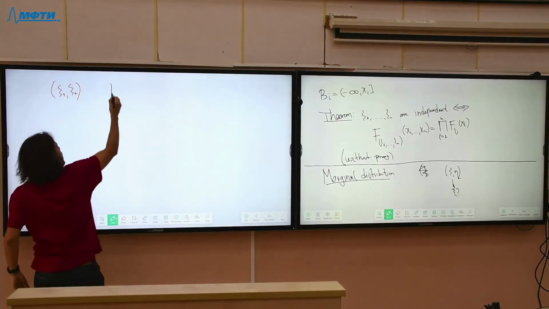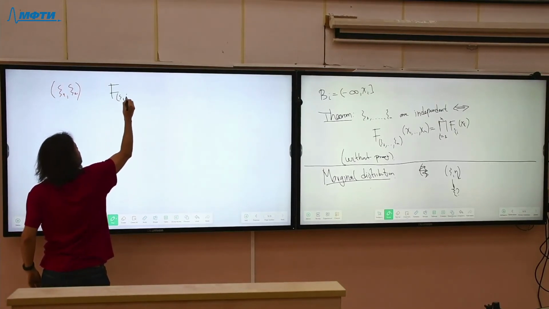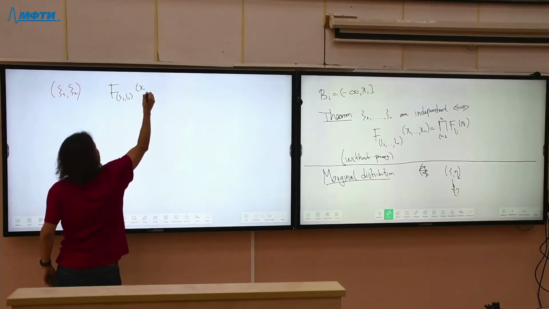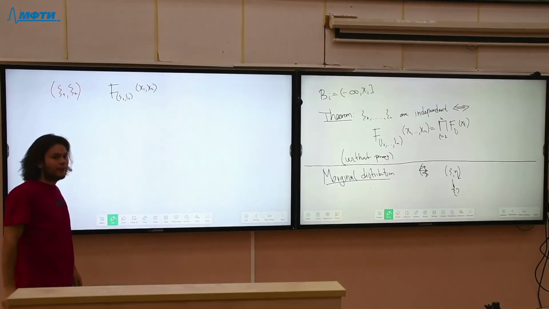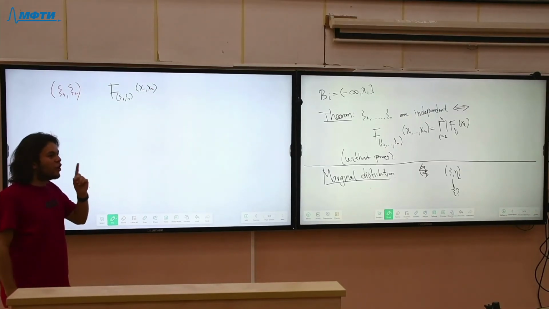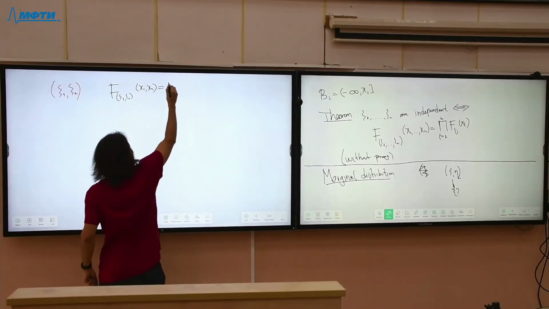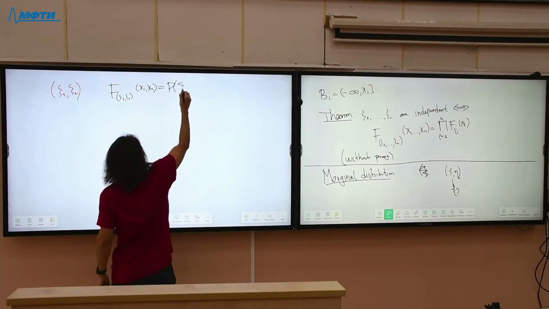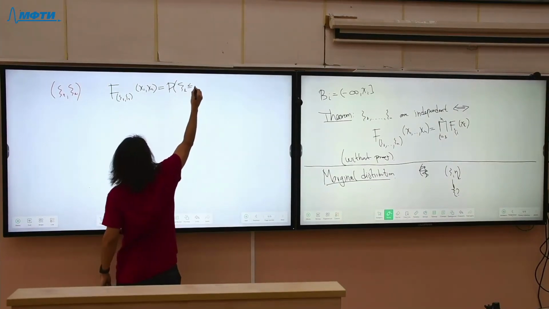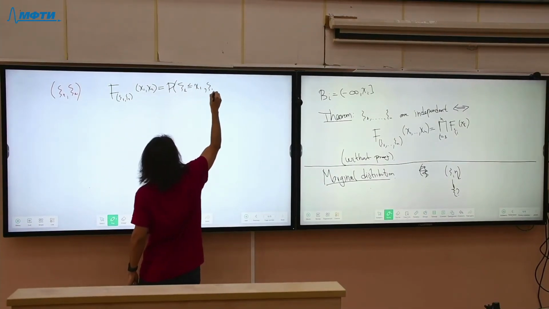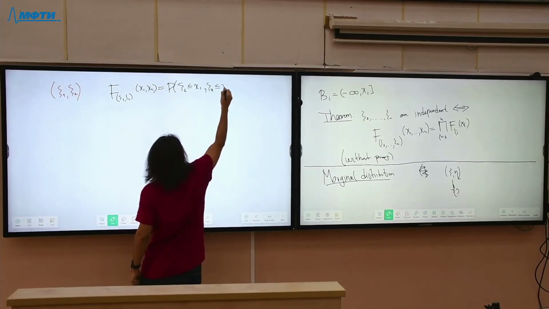So we can know the probability that at the same time psi1 is less or equal than x1 and psi2 is less or equal than x2.